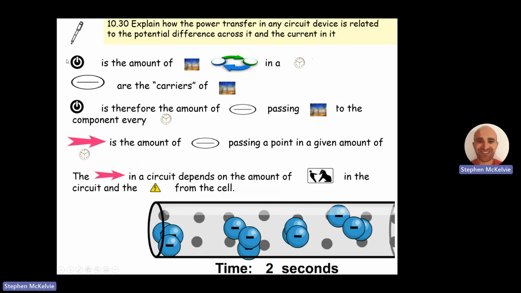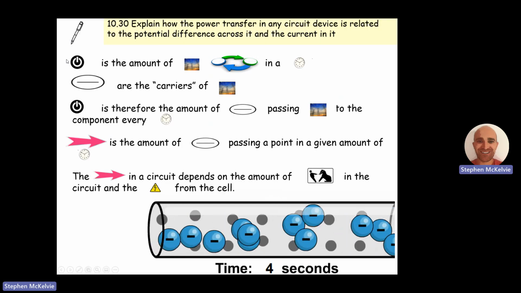A slightly different example. If I have 2 volts, how many joules per coulomb would that be? 2. If I have 10 amps, how many coulombs per second would I have? 10 coulombs per second.